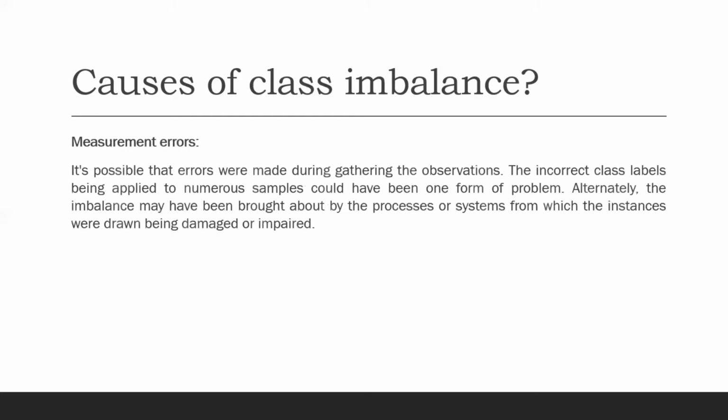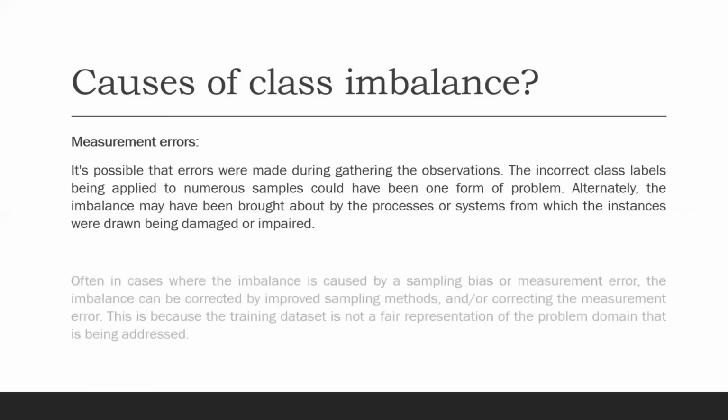The second is measurement errors. It's possible that errors were made during gathering the observations. The incorrect class labels being applied to numerous samples could have been one form of problem. Alternatively, the imbalance may have been brought about by the process or systems from which the instances were drawn being damaged or impaired.